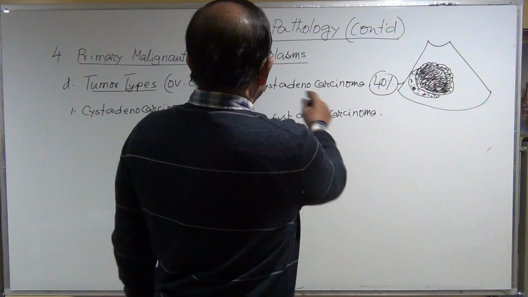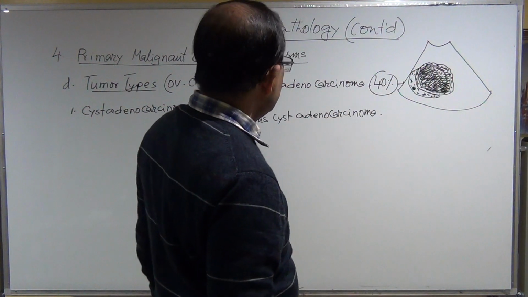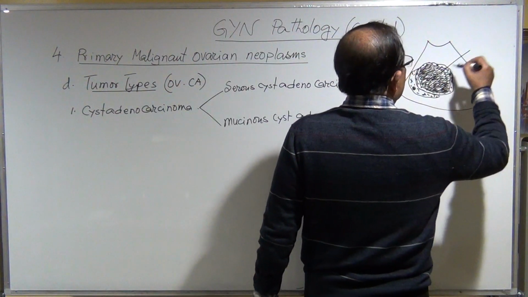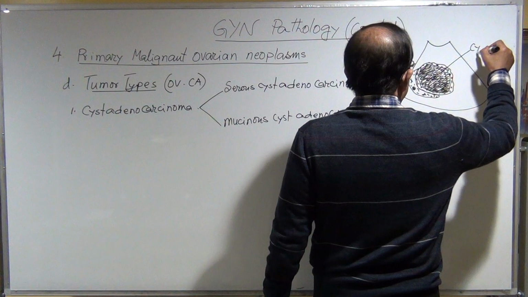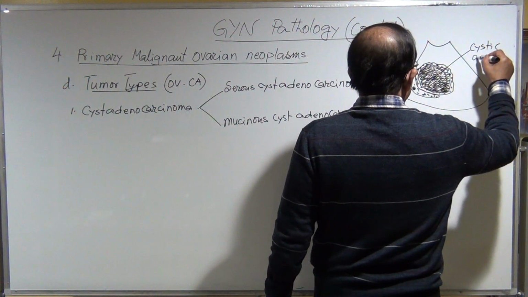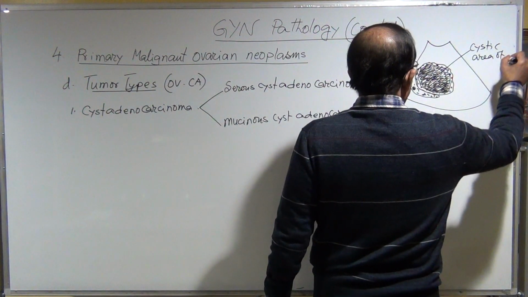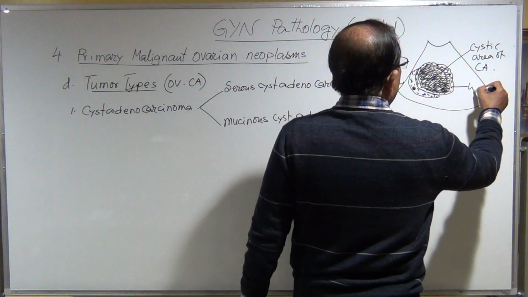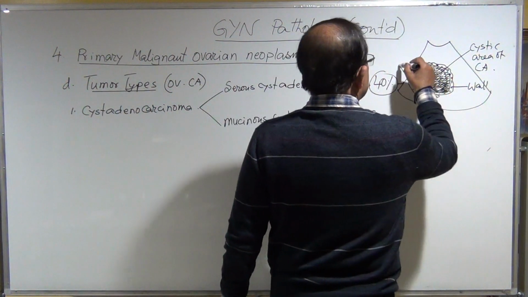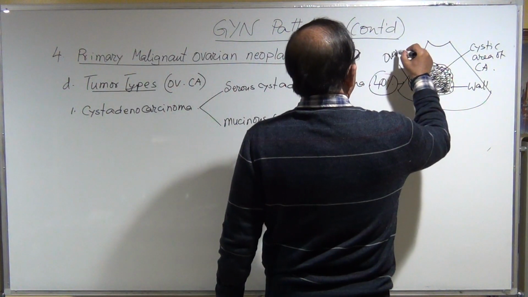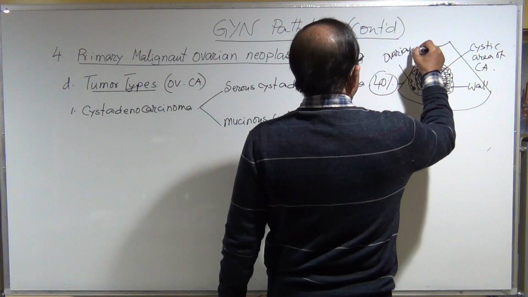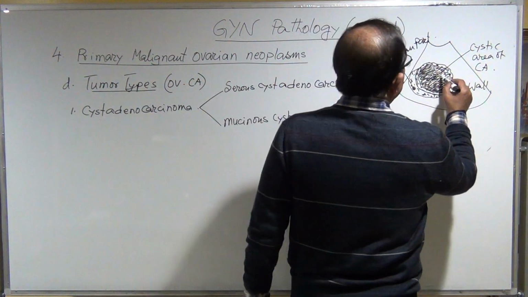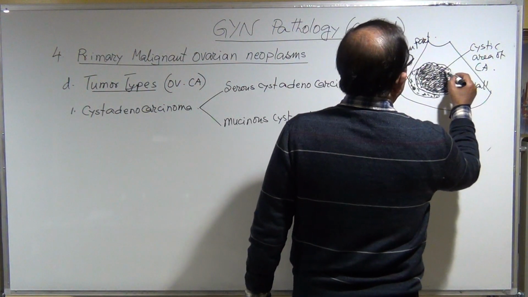And serous cystadenocarcinoma, so this is the cystic area of carcinoma, and this is the wall, and this is the ovarian part. Mostly it is unilocular.